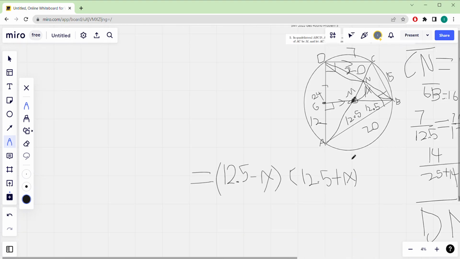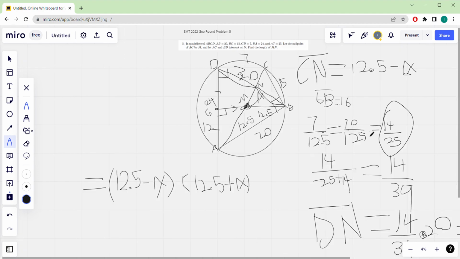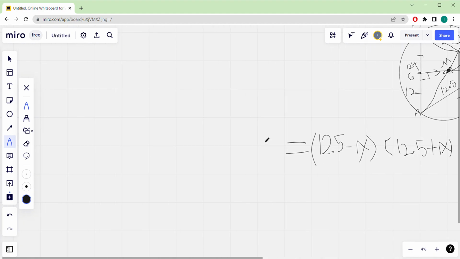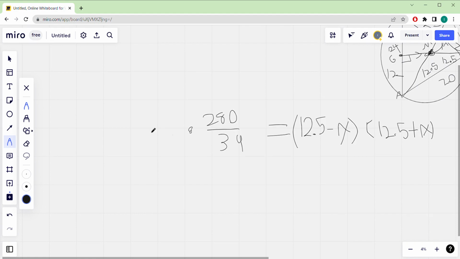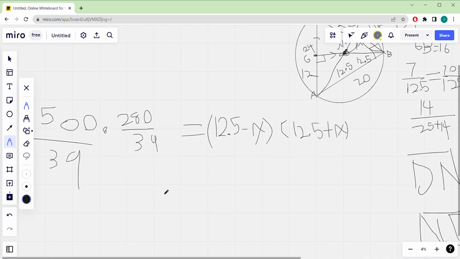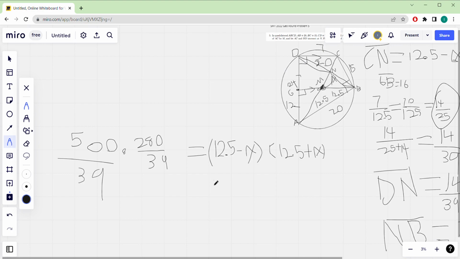And this is equal to DN times NB, and we know that DN is 280 over 39, and NB is going to be, looks like, 500 over 39. And now we can just solve for x.